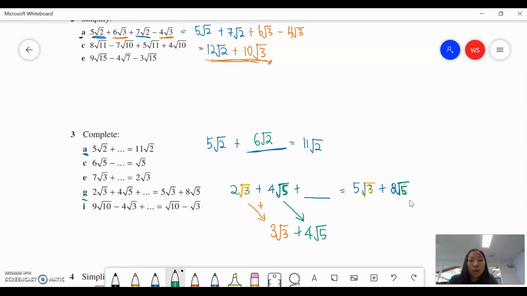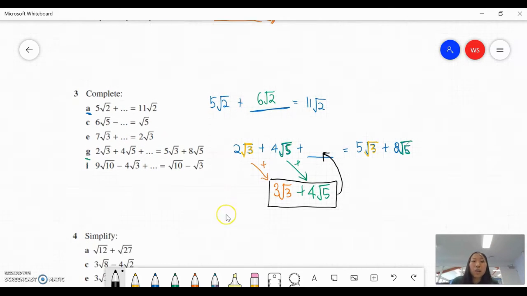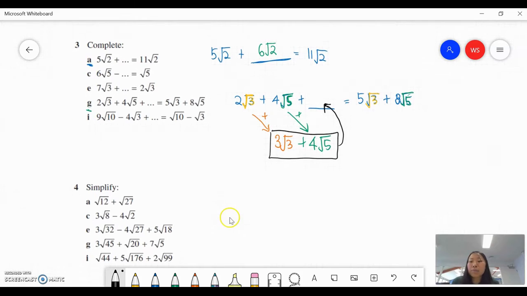If you add these 4 groups initially with this additional 4 groups of square root of 5, you will get 8 groups of square root of 5. So in that sense, your answer will be 3 groups of square root of 3 plus 4 groups of square root of 5 that you will fit in here for your answer. So you can do your comparison for those couple of questions and parts there.